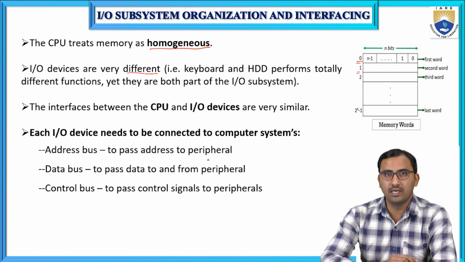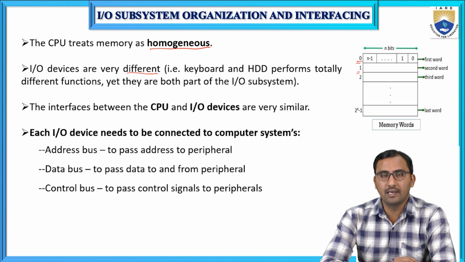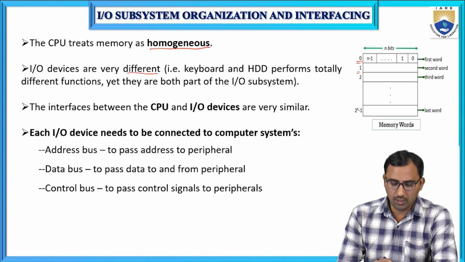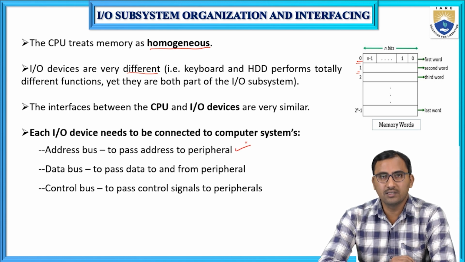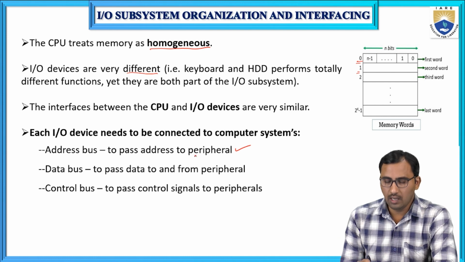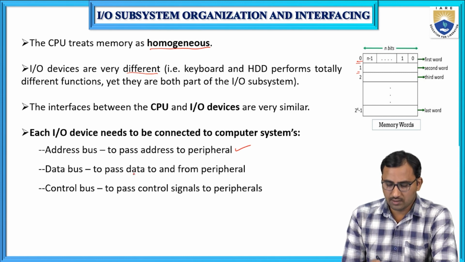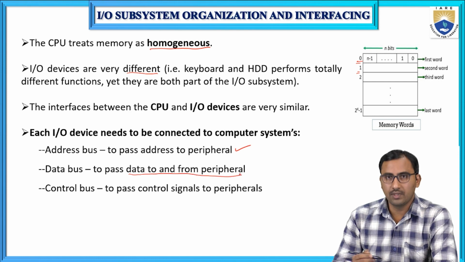Already we have seen that there are basically three types of buses: the address bus, the data bus, and the control bus. The address bus is used to pass the address information to the peripheral device. The data bus is used to pass the data to and from the peripheral device.